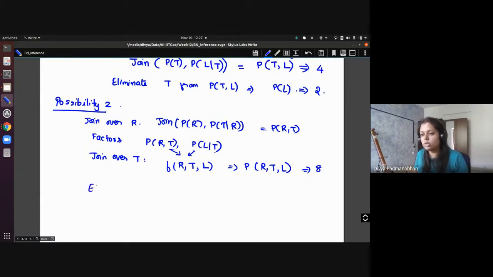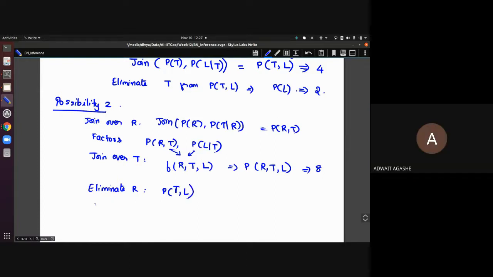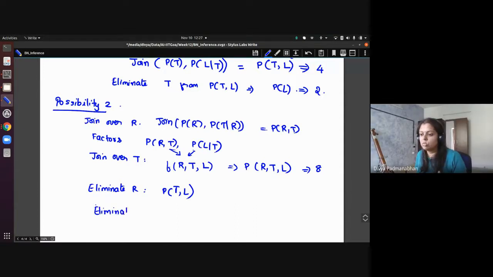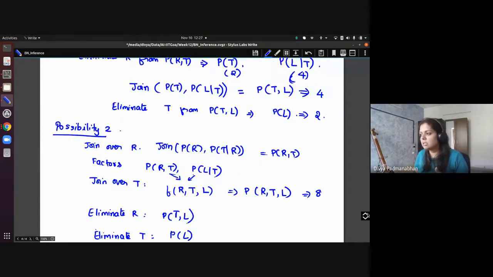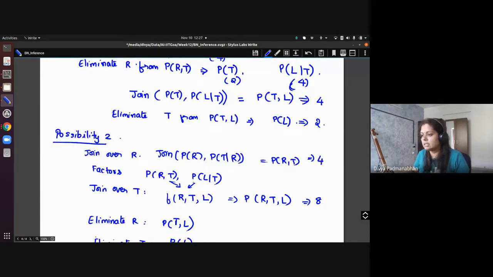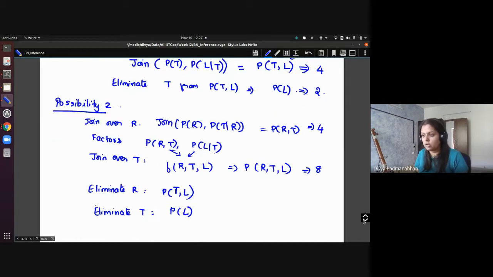Now you could do an eliminate over R, which gives you P of TL. And now eliminate T, so this will give you P of L. Here the table sizes are about the same, 4 entries here, but the difference is that here you are creating one joint over all of them, and this is also 4 entries, this is 2 entries.